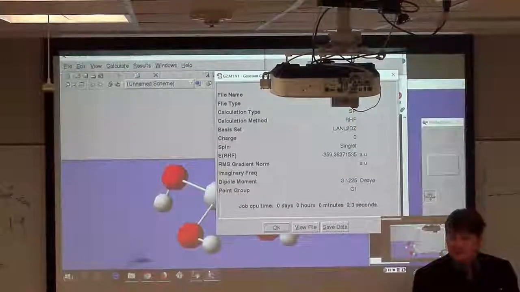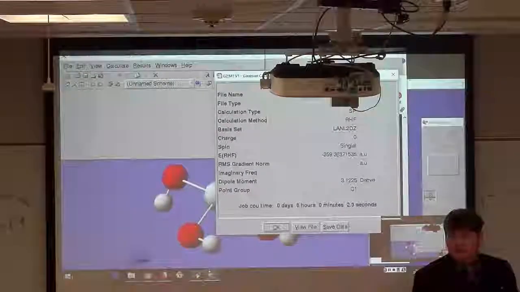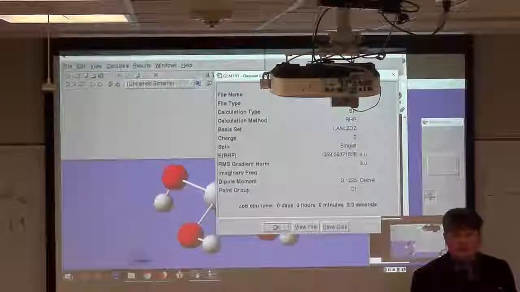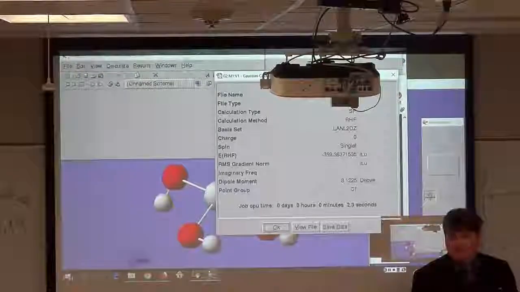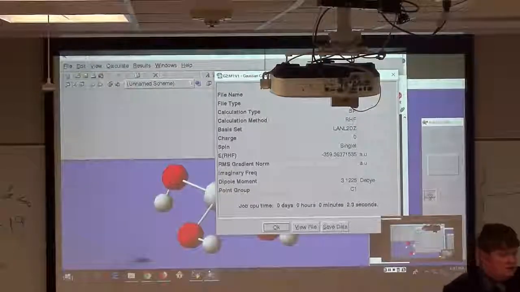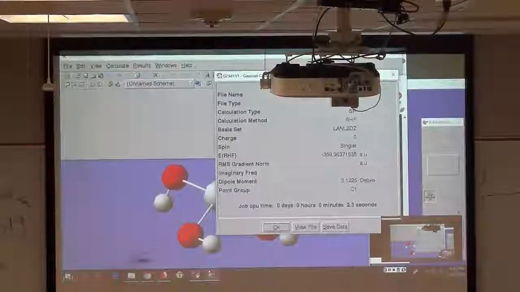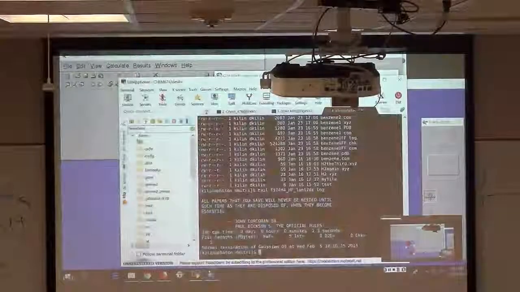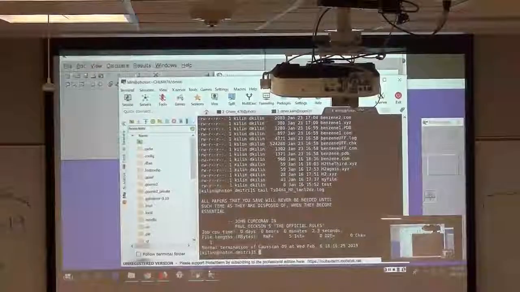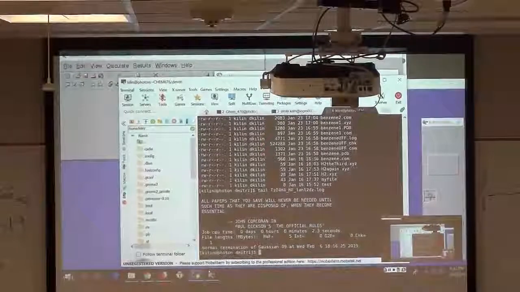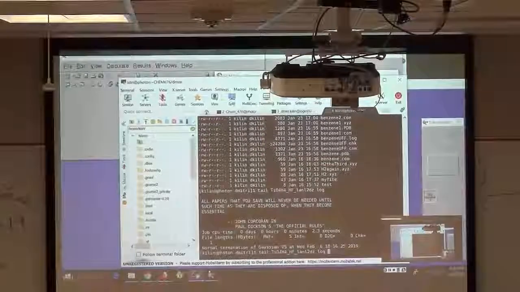Which means it is stable. But the absolute value of total energy is not very interesting, right? There are more important things. So let's get acquainted with the output file.